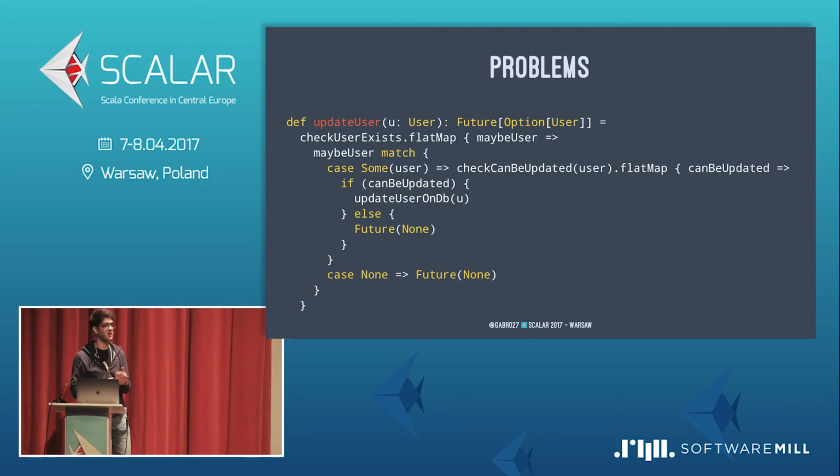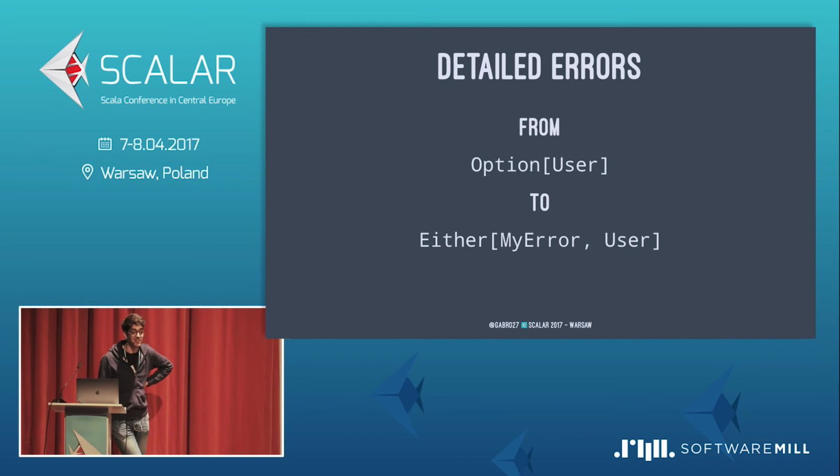Useless Future because it's a Future of a None. It just doesn't represent anything. You just put it there because, well, you need to make the types mix together nicely. But then you have to do it again because, well, if you actually had a None before, you need to Future None here. It's complicated.